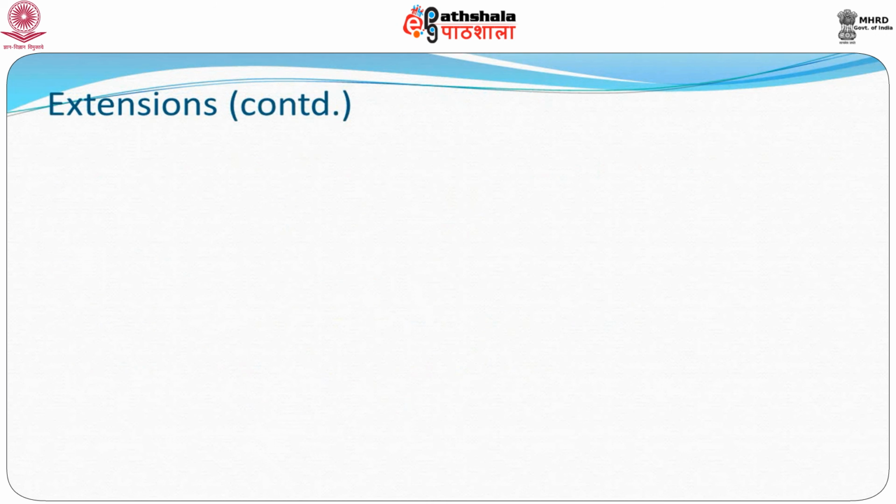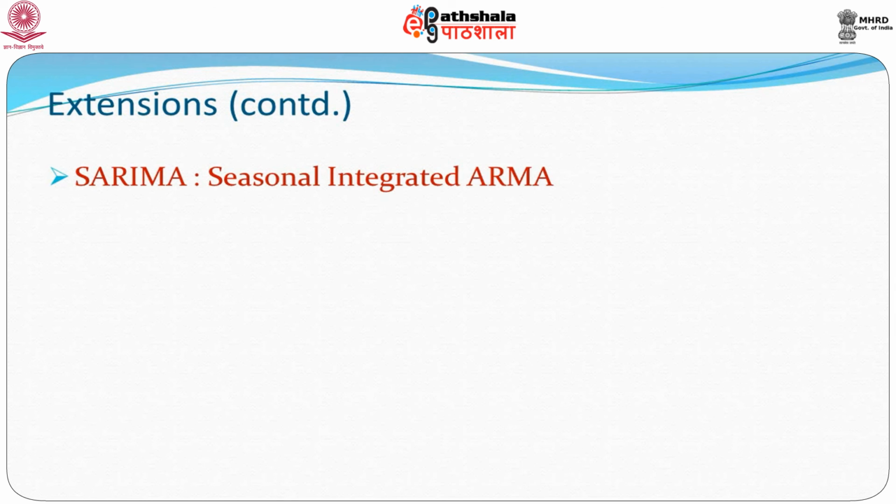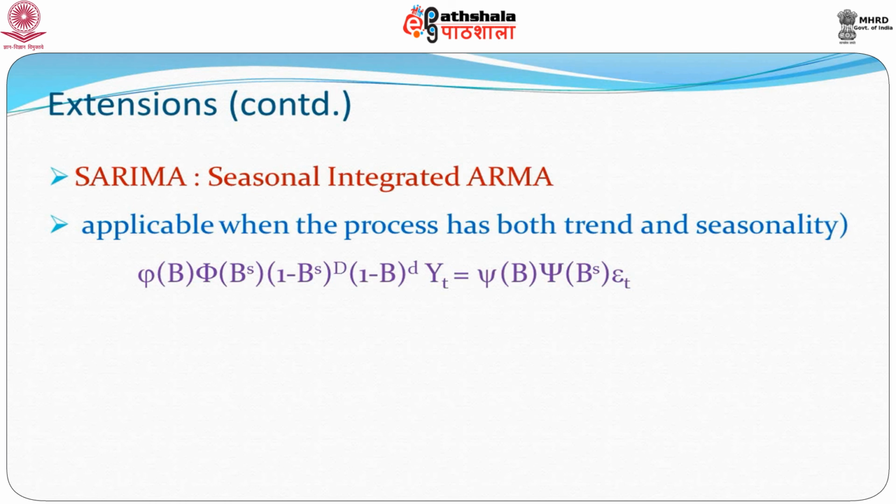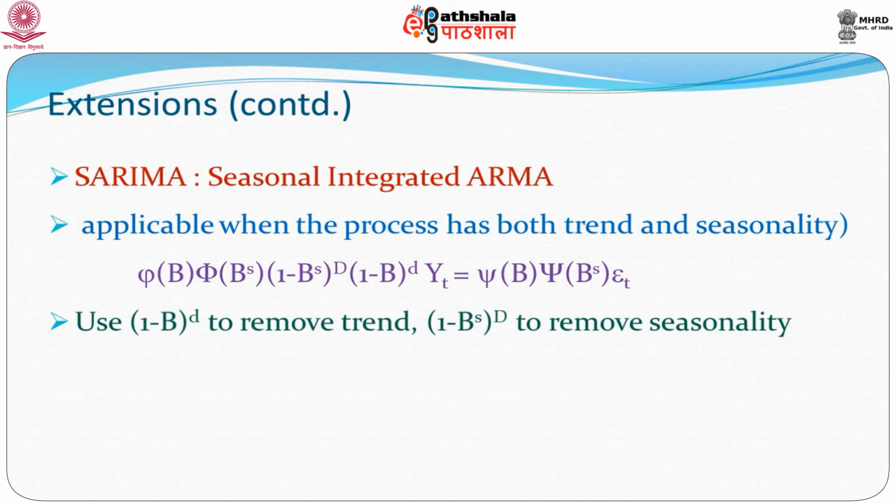Similarly, there is another extension which is the SARIMA model. SARIMA is a seasonal integrated ARMA model. It is applicable when the process has both trend and seasonality. So, in this case, in addition to the trend, we have a seasonality component, and we write the model this way, where again 1 minus B to the power of d is used to remove the trend part.